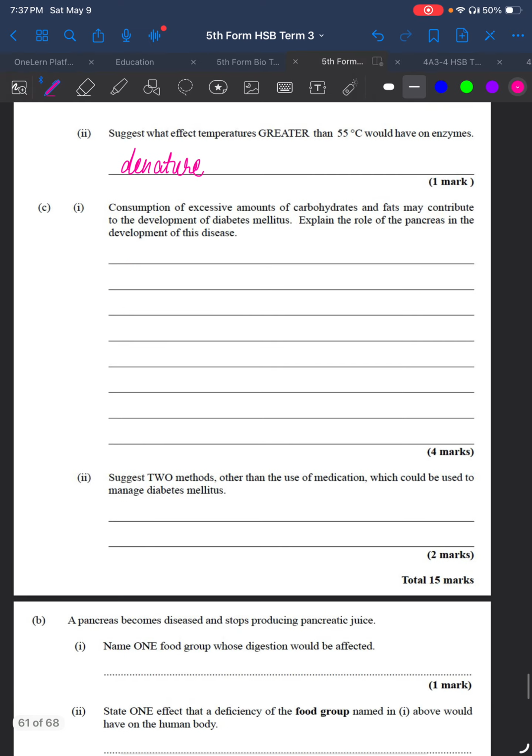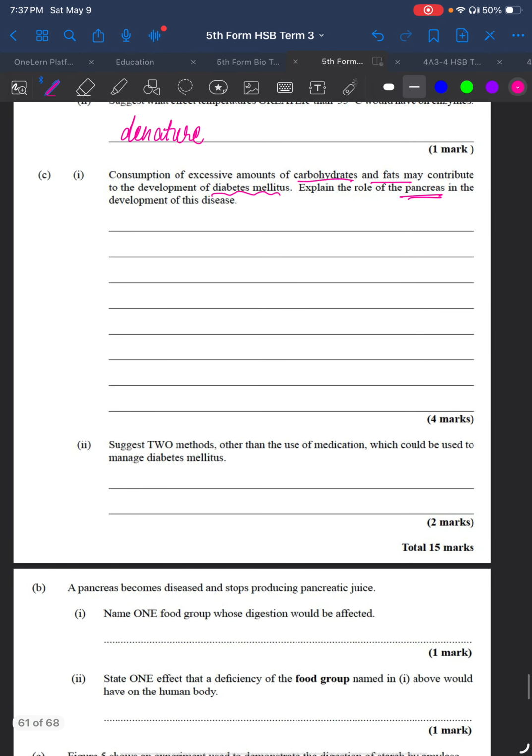Next question says, the consumption of excessive amounts of carbohydrates and fats may contribute to the development of diabetes mellitus. Explain the role of the pancreas in the development of the disease. Now, remember I mentioned with the pancreas, it produces insulin, right? And so this insulin is needed to let glucose into the cells and out of the bloodstream.